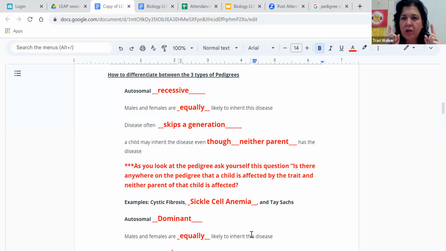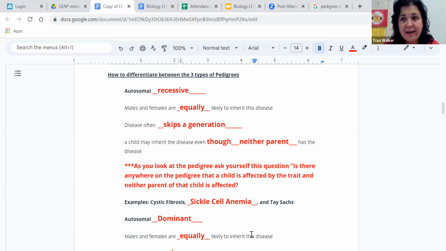So there's a key question that you need to remember when you're looking at a pedigree. So you look at the pedigree and you ask yourself this question: is there anywhere on this pedigree where I see that a child is affected by the trait, but if I go up that vertical line and look at their parents, neither of their parents is affected?